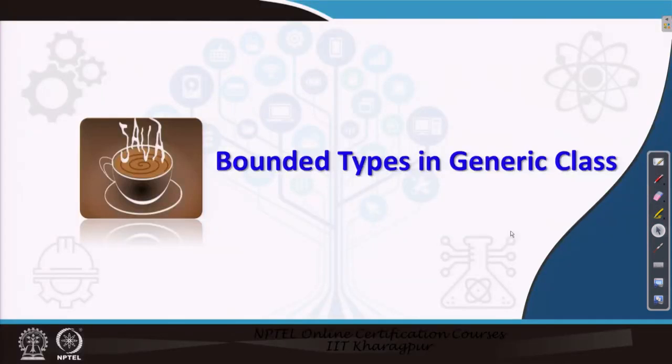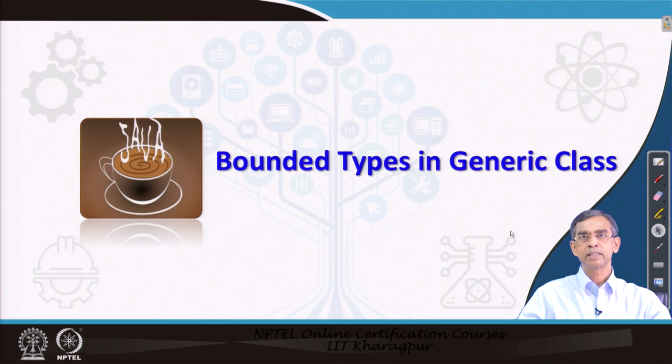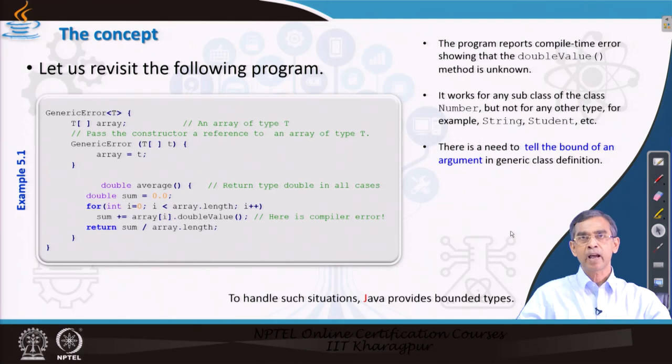Now, let us come to the discussion about the bounded types in generic class definition. The problem that we faced in the last example, you can recall. If you define a template in generic programming, whether for a class or a method, but somehow do not define its scope properly, then it may invite certain problems.